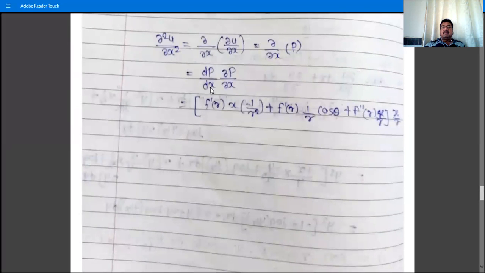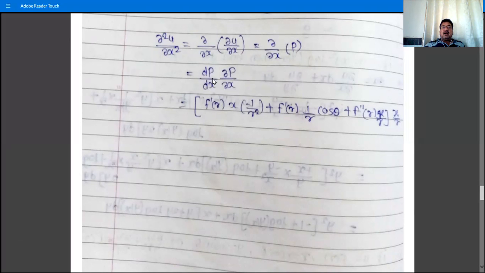So instead of this, ∂p/∂r times ∂r/∂x, the derivative with respect to x.